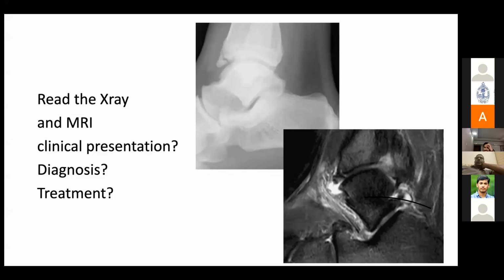Anterior ankle impingement, sir. Yes, just like the posterior impingement syndrome due to os trigonum that we discussed. This is called anterior impingement syndrome, due to spur formation or an old fracture of the anterior tibia.